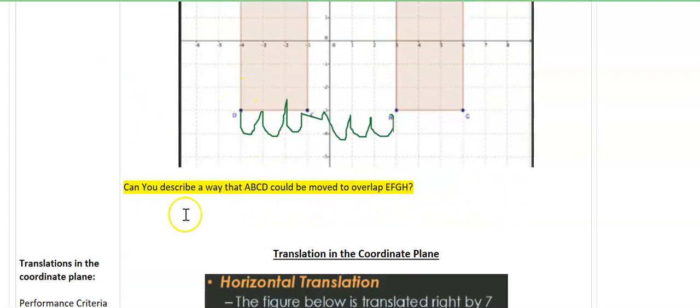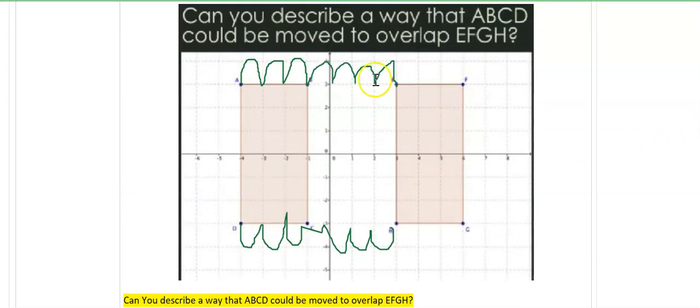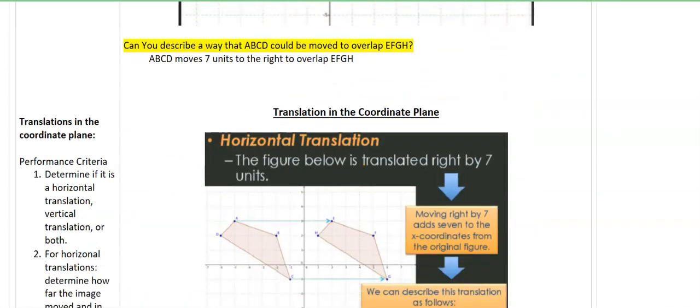So I can describe this: A, B, C, D moves 7 units to the right to overlap E, F, G, H. Again, because all these points need to move 7 spots to the right to overlap each other.